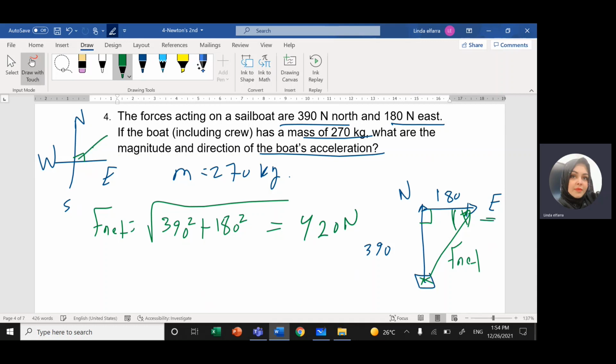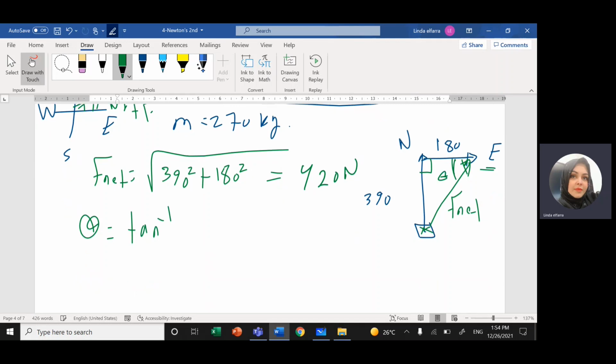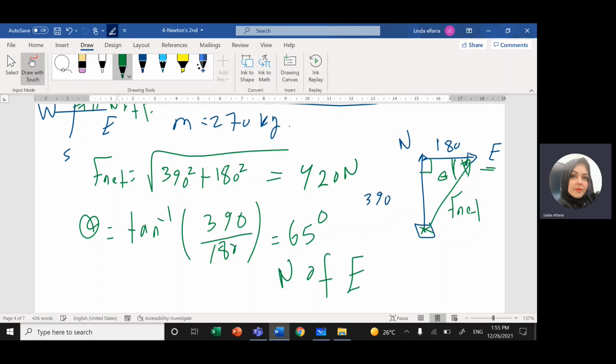So theta will be tan inverse of the opposite, 390, divided by the adjacent, 180. So 65 degrees north of east, because I measure the angle from east.